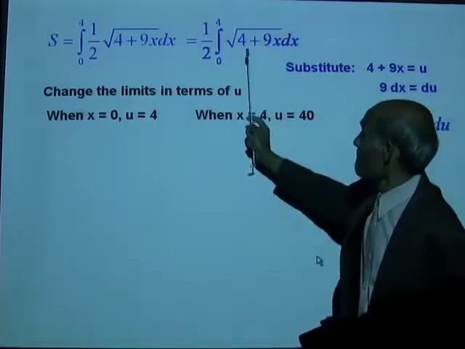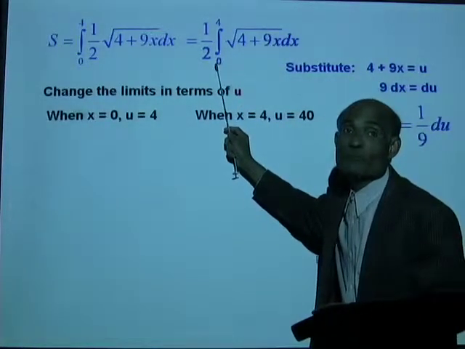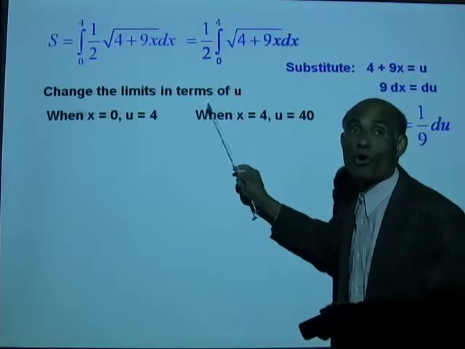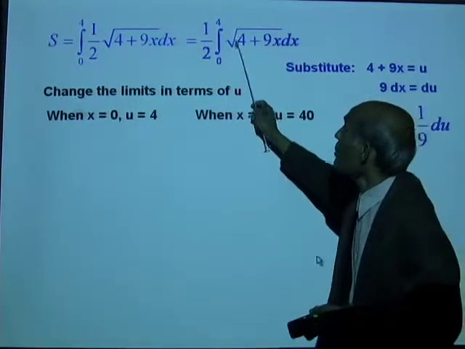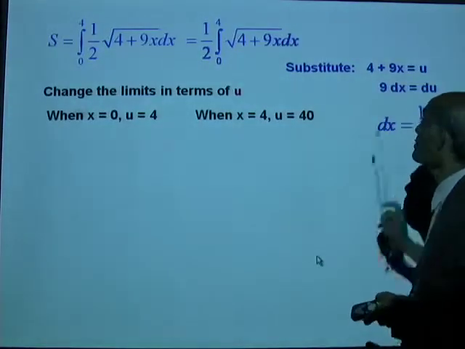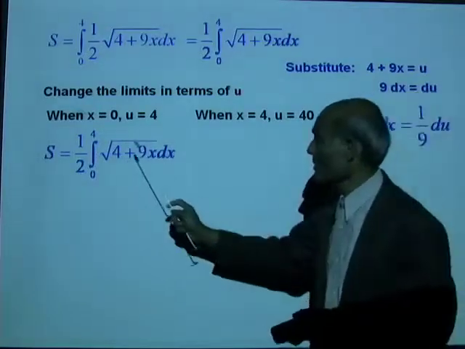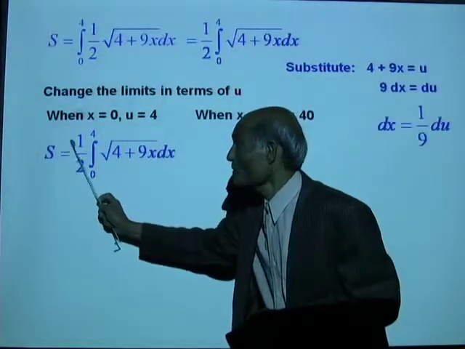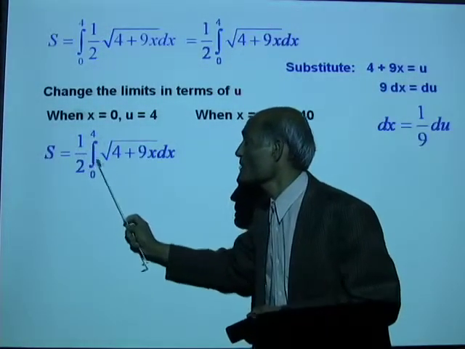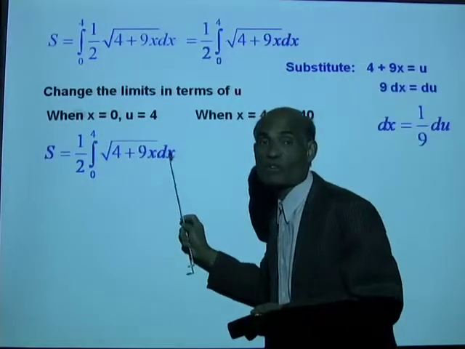That means this integral now becomes the integral from 4 to 40 of square root of u times du over 9, or 1/9 du. So look at it again. S equals 1/2 integral from 0 to 4 of square root of 4 plus 9x dx.